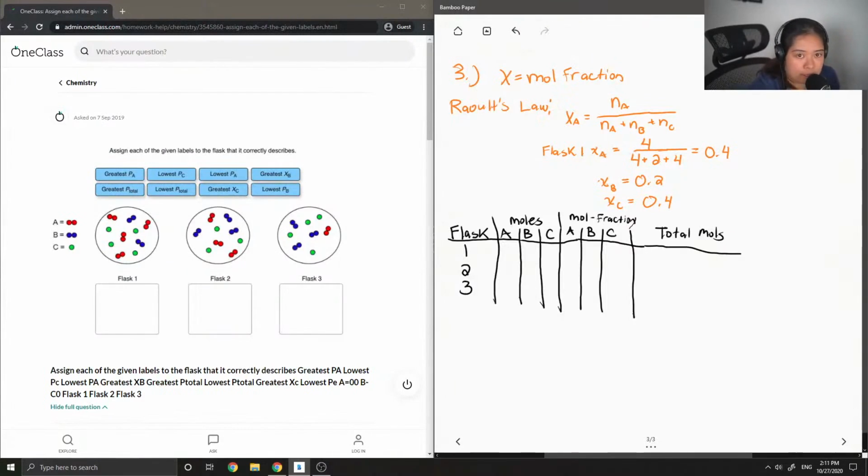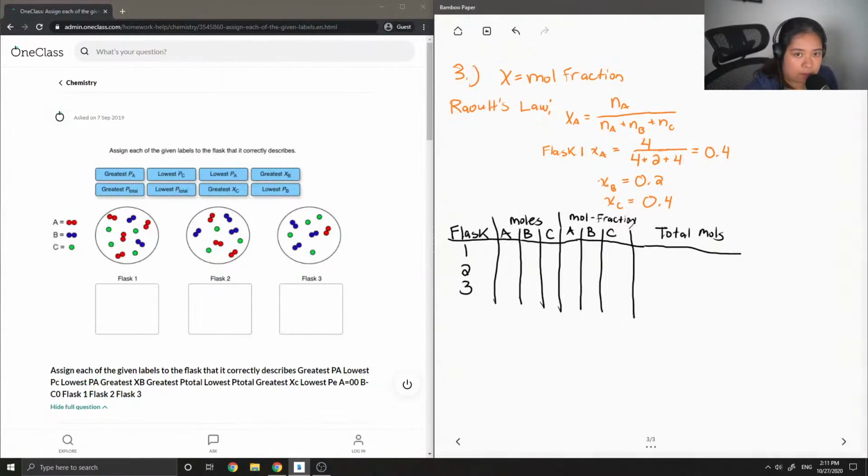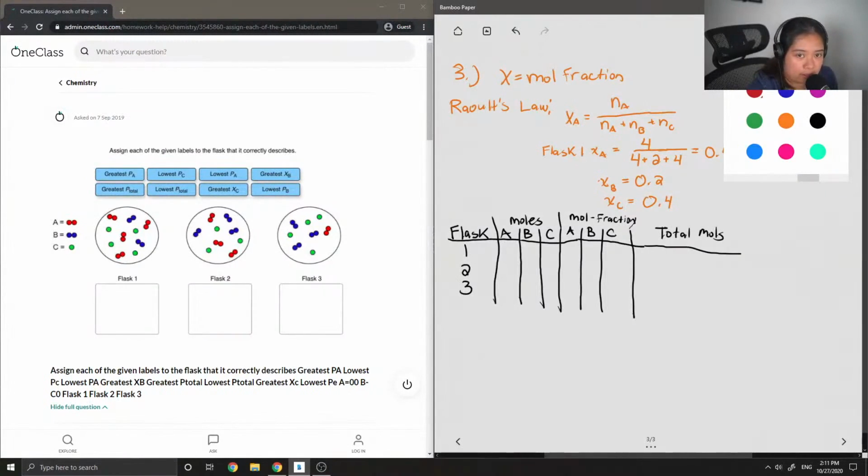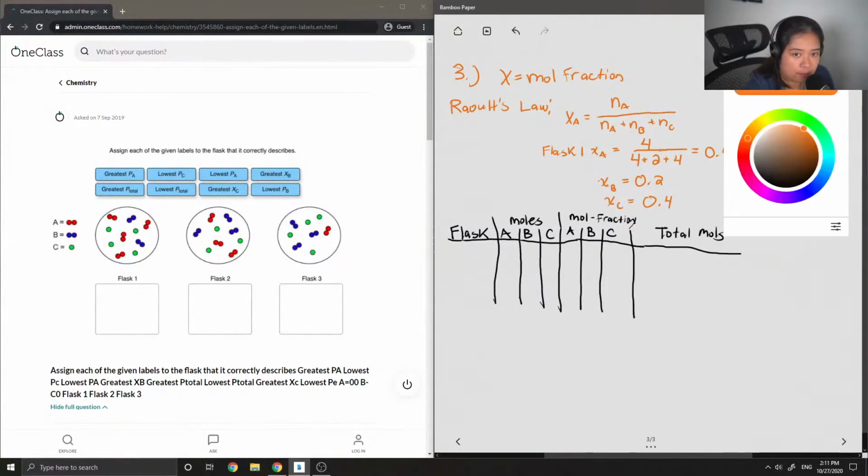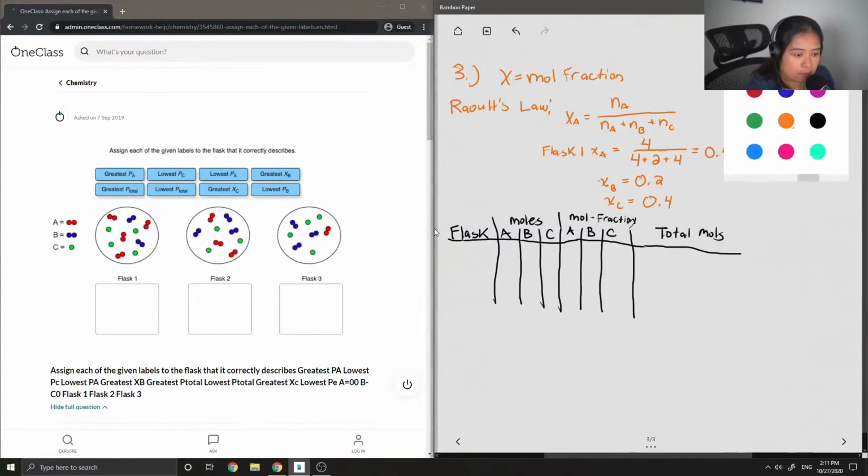So let's do each flask in a different color. I already made flask 1 orange, so I'll do the same thing for flask 1.